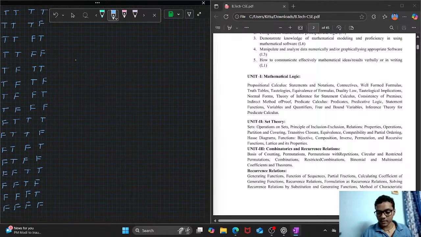So P implies Q. That means the first implies the second. Right. So all of these are going to be true, by the way, because after false it will be only true. Either FT or FF it will be true only.